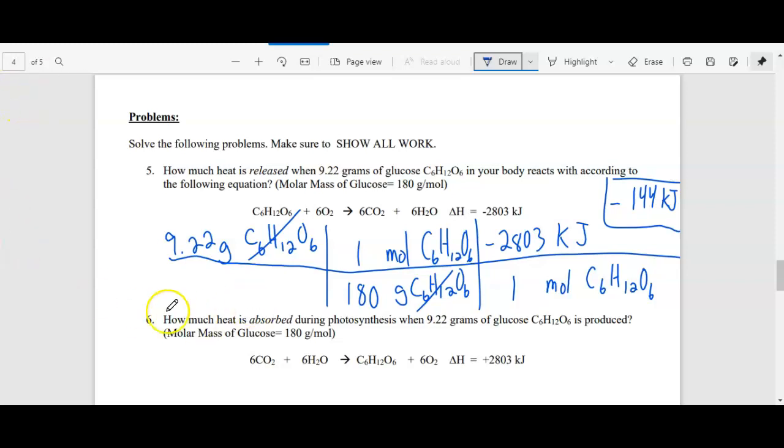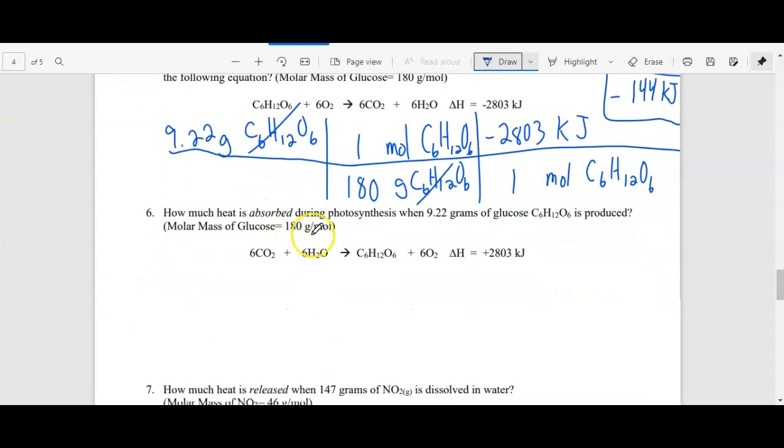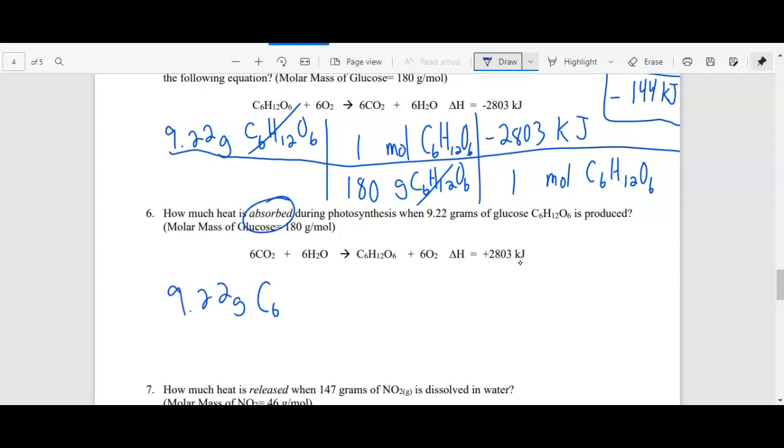Not super difficult. Number 6, how much heat is absorbed during photosynthesis when 9.22 grams of glucose is produced? So this time, the only difference here is we're absorbing. We've flipped our equation. We've reversed that. So we're going to start with the same thing, 9.22 grams of glucose. We're going to draw our train track.